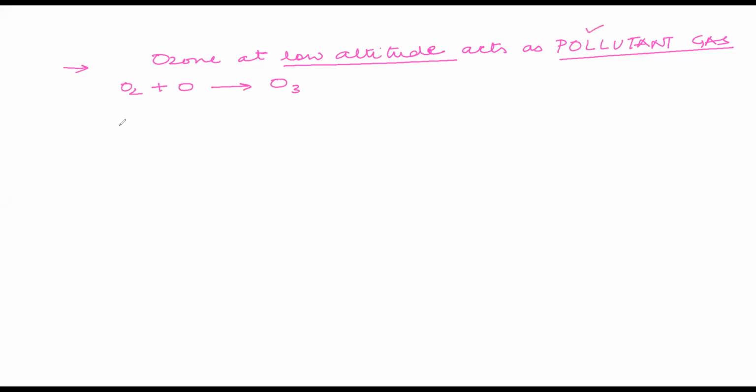For example, close to a photocopier machine, or close to electricity pylons, wherever an electric spark takes place, the oxygen molecule breaks down into a nascent oxygen atom, and that combines with an oxygen molecule to form ozone. So at the lower altitude, ozone acts as a pollutant.